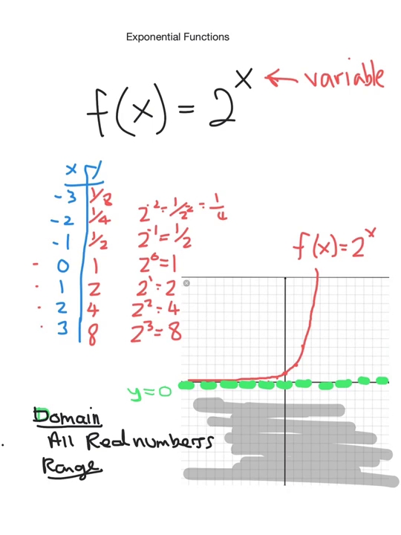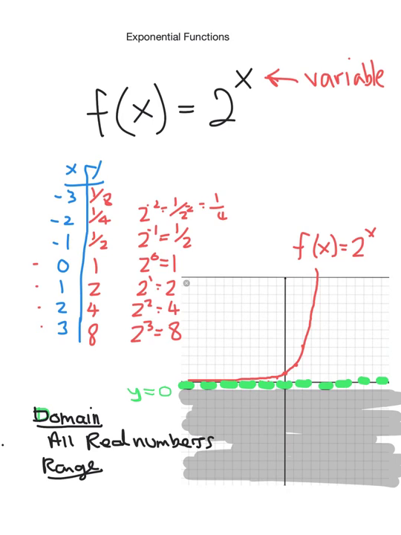So therefore, the red graph does not go into the grey area. Therefore, the range is going to be everything outside that grey area, because there's red values up top, and the range will be y greater than 0. And that will be an exponential function.